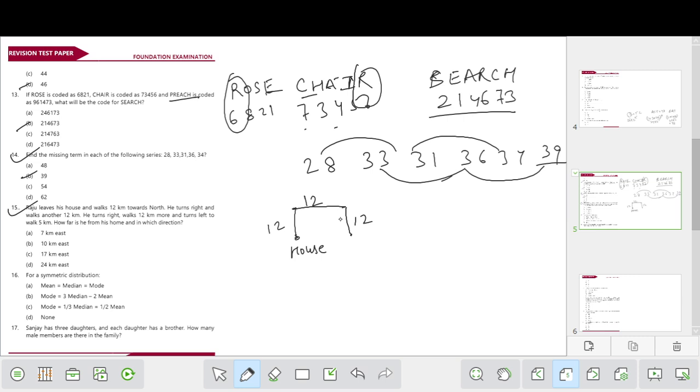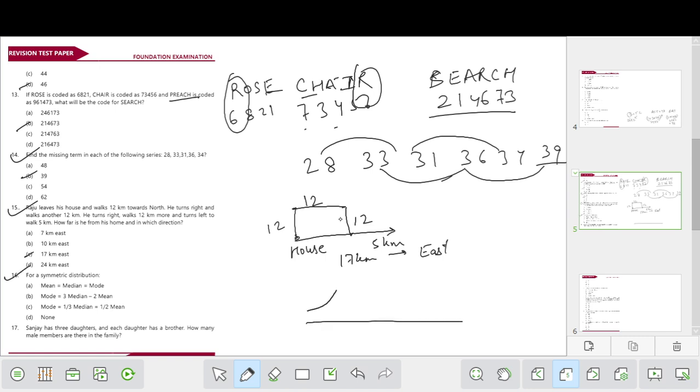Now he turns left and walks 5 kilometers. How far is he from his home? So this 12 kilometers and this 5 kilometers, total 17 kilometers in the direction of east. Answer is C.